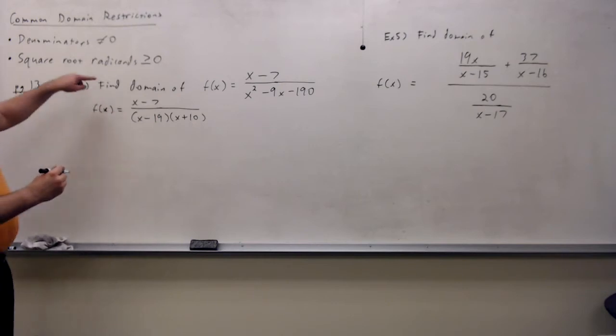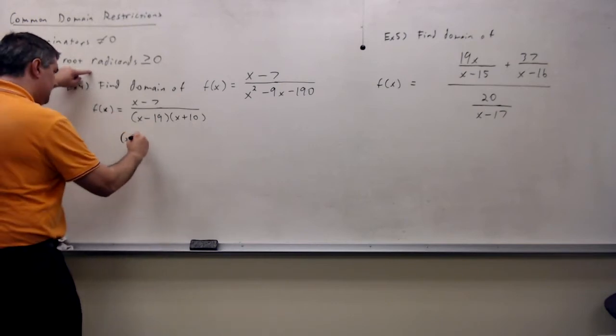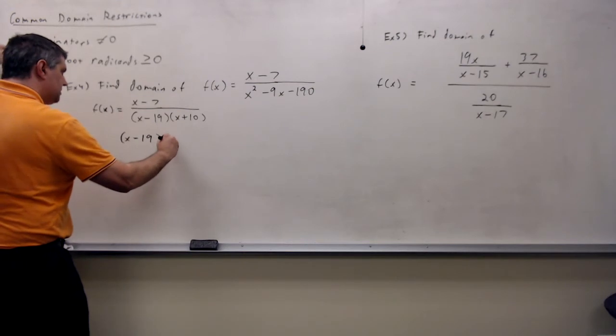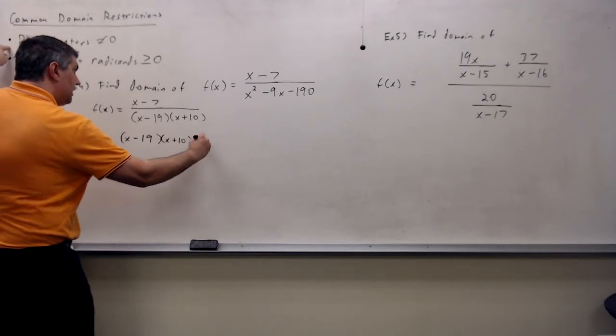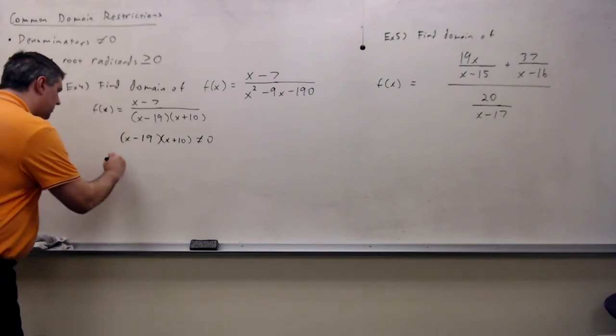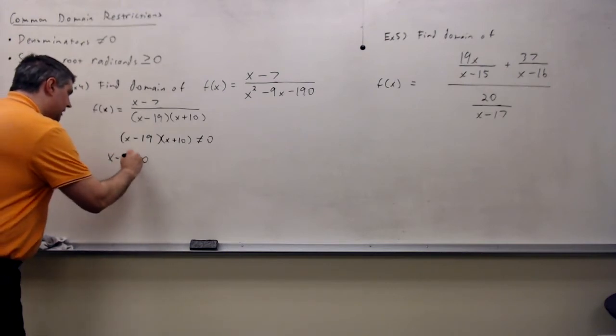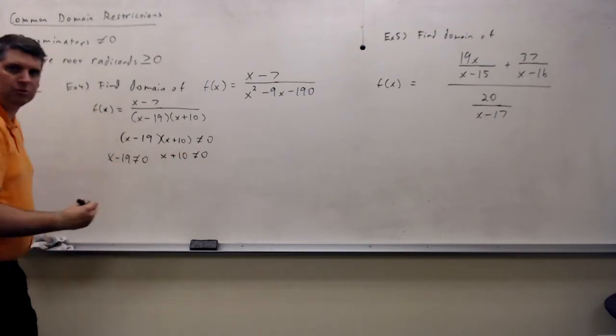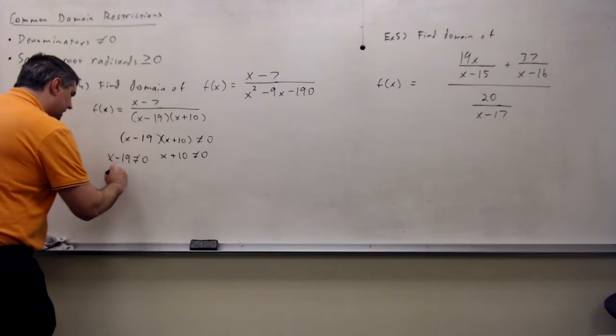Okay, so that means that x minus 19, because the denominator cannot equal 0, times x plus 10 cannot equal 0. So x minus 19 cannot equal 0. X plus 10 cannot equal 0. Add 19.